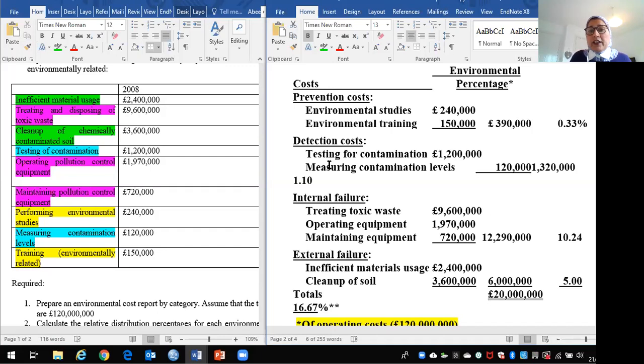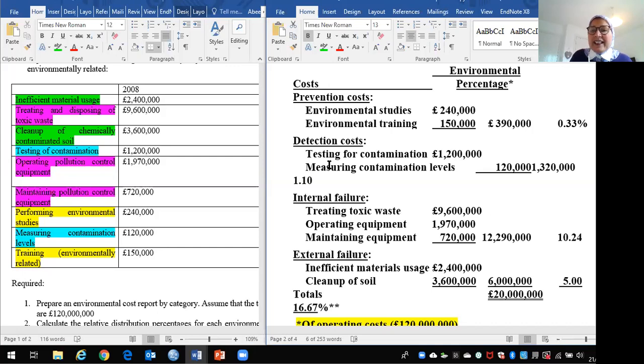For detection, I classified the items testing for contamination and measuring contamination levels. Internal failure: treating toxic waste, operating equipment, maintaining equipment. Anything relating to testing and measuring should be under detection.